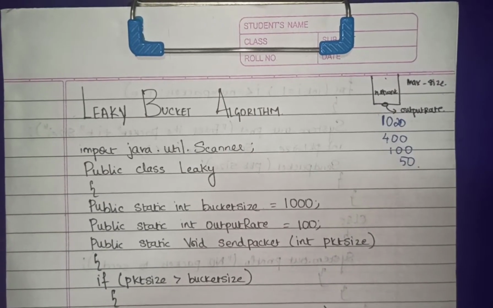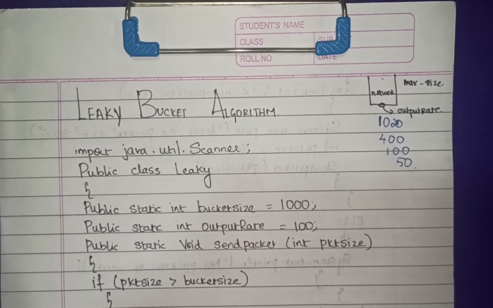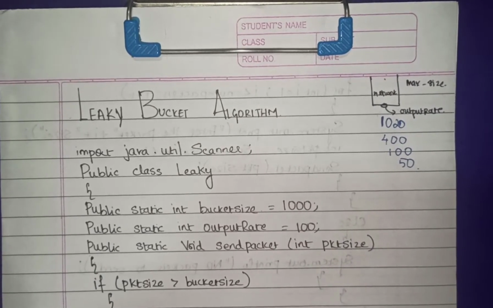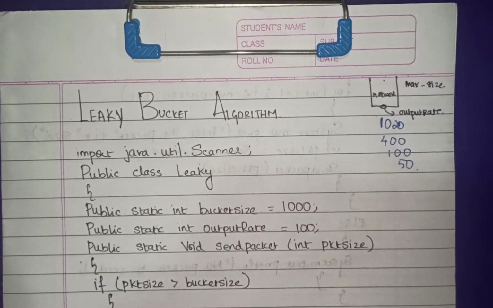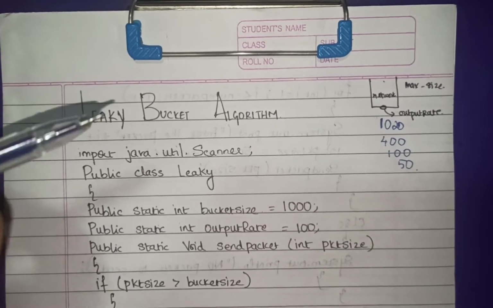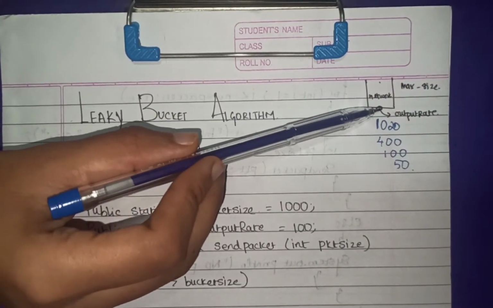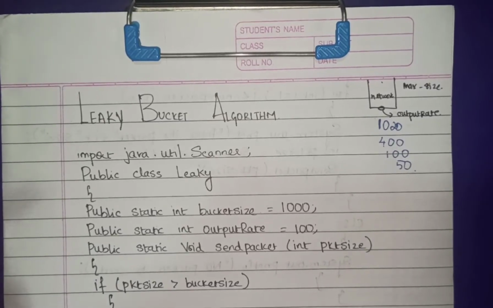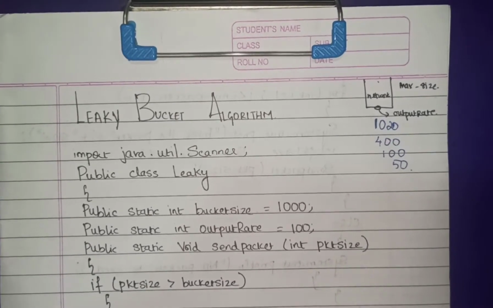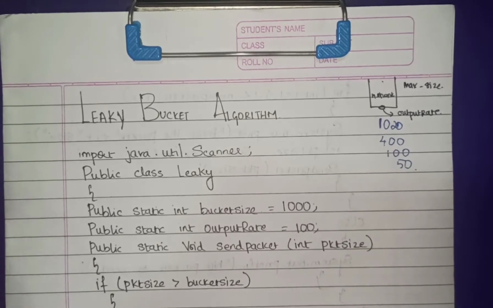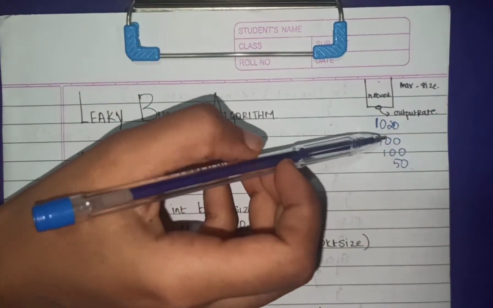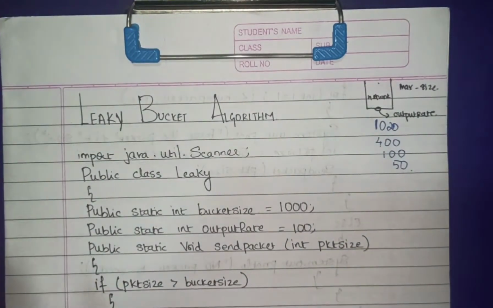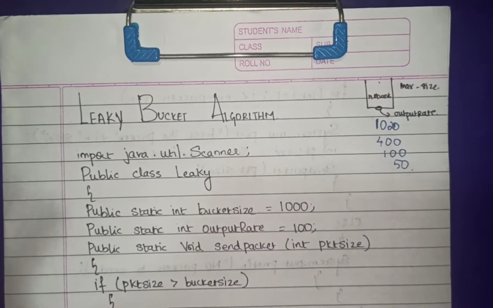So what actually is leaky bucket algorithm? In leaky bucket algorithm, you have the bucket which is symbolized to be a network. Then you have a hole. Suppose in a normal bucket, if you have a hole and the water is pouring through the bucket, it will come out in a drop-wise manner, which will be regulated.